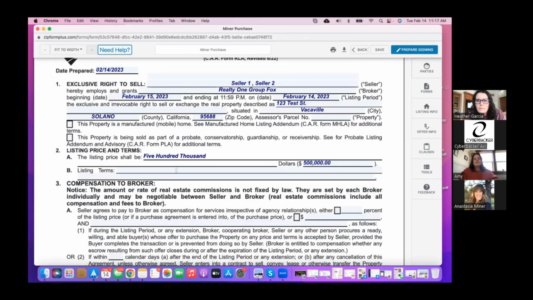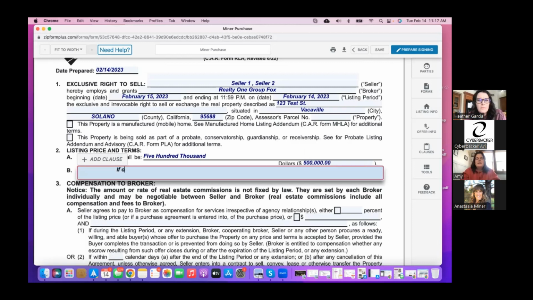So let's say on listing terms, I always put in here that if the on market date is more than 2 weeks after the RLA is signed, the listing price will be set 10 days prior to the on market date. And then I could save that as a clause.